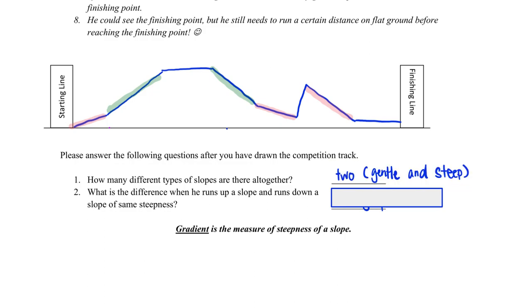What is the difference when he runs up a slope and runs down a slope? Common sense: running up is harder. And now we can go right into today's lesson on gradient, which is a measure of the steepness of a slope.